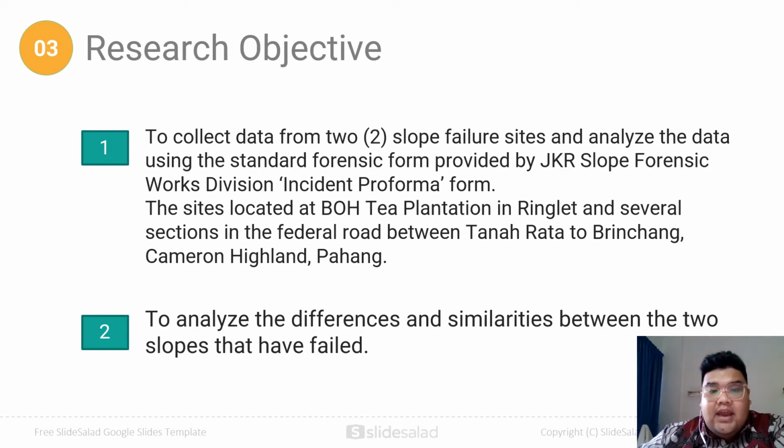The sites are located at the tea plantation in Ringlet and several sections of the federal road between Tanah Rata to Brinchang, Cameron Highland, Pahang. And the second research objective is to analyze the differences and similarities between the two slopes that have a failure.